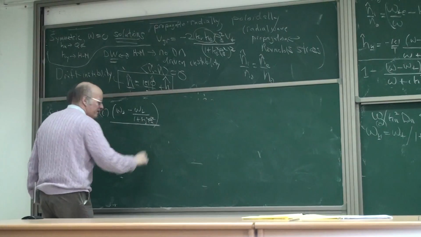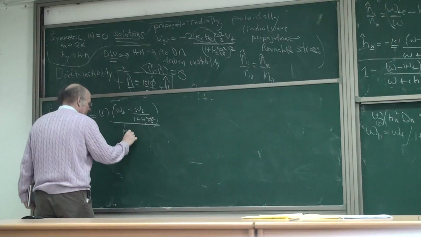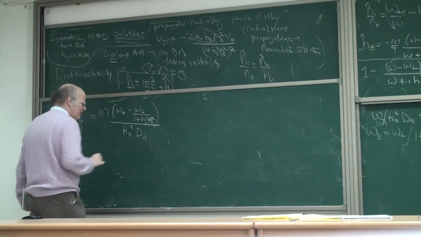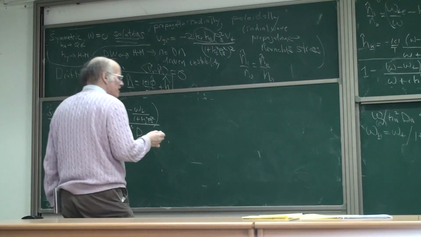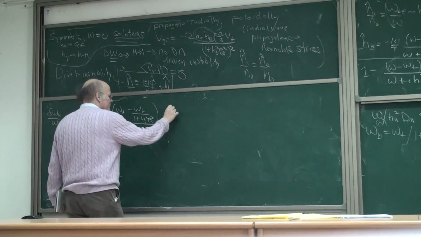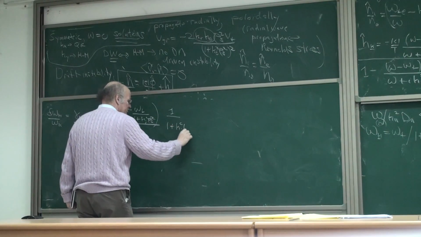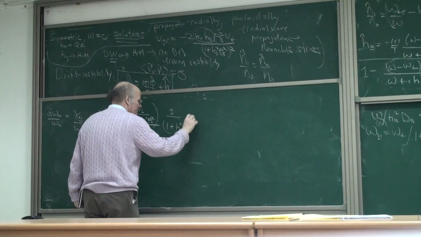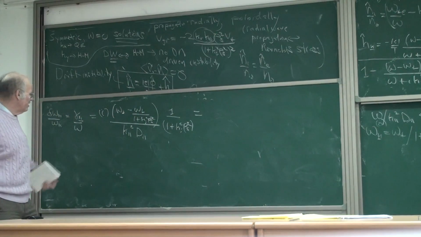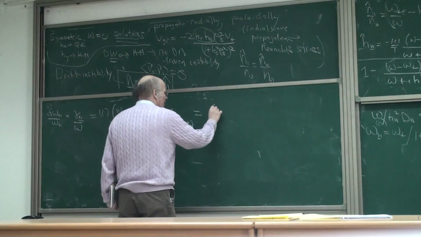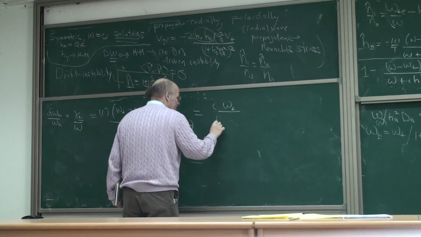Then the whole thing is divided by k parallel squared D parallel, and then we have this other cheerful factor of omega over omega star, which is just an additional factor of 1 over 1 plus k perp squared rho s squared.